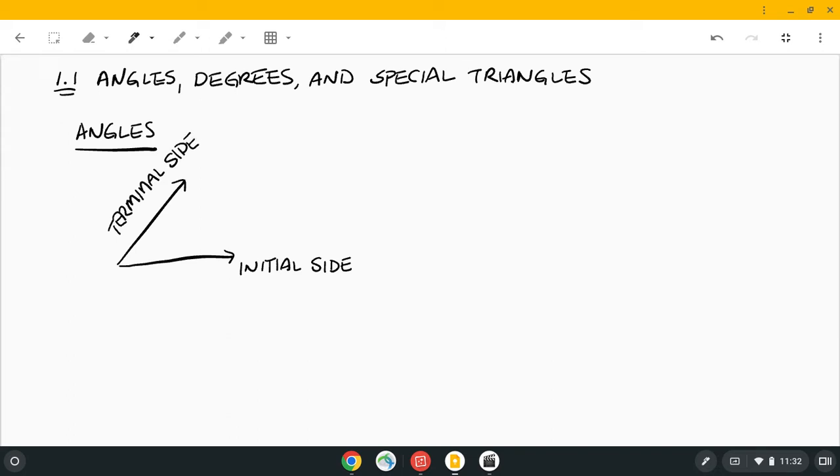And right over here, this little corner is the vertex. And we have this angle measure right here, and we usually use theta. Theta is a Greek letter. This here, theta. Okay?